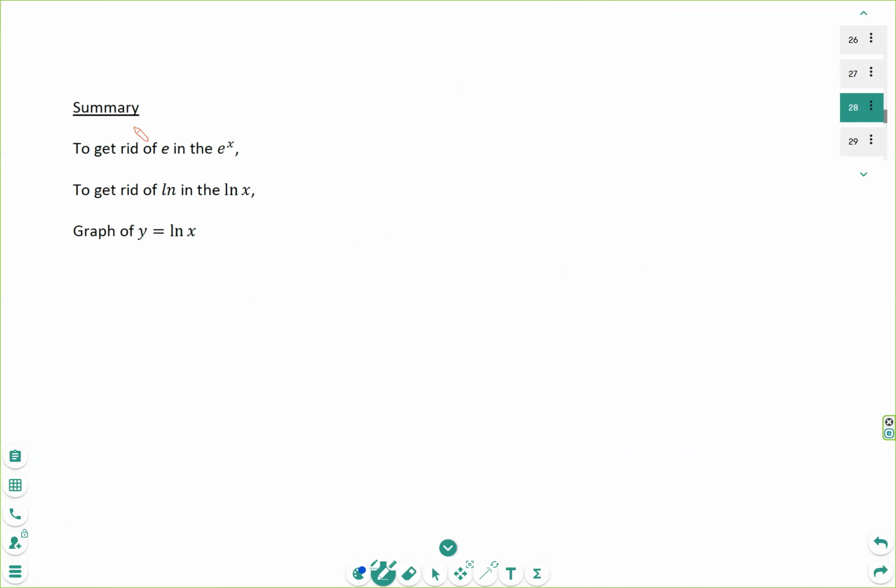So a summary: to get rid of e in e to the power of x, we apply ln in the front. If we want to get rid of ln in ln x, let's say we want to make x the subject, we can put it as a power of e.